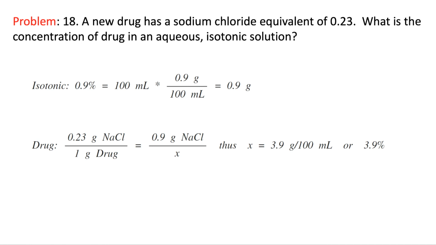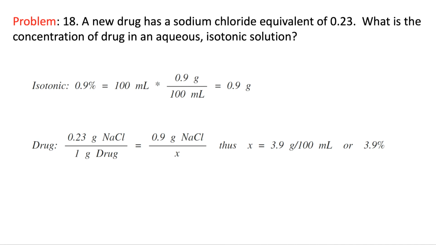Well, we were told that our drug has an E value of 0.23, and this is the trick to this whole question. That means 0.23 grams of sodium chloride per 1 gram of drug. So if we set that value equal to what we know our target to be, which was 0.9 grams for 100 mLs, over X, then we solve for X, and we find the equivalent amount of drug, which is 3.9 grams. 3.9 grams of our drug is equivalent to 0.9 grams of sodium chloride.